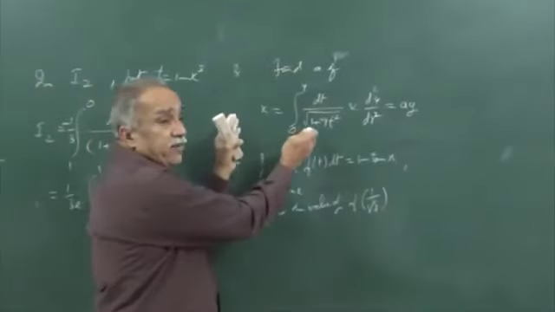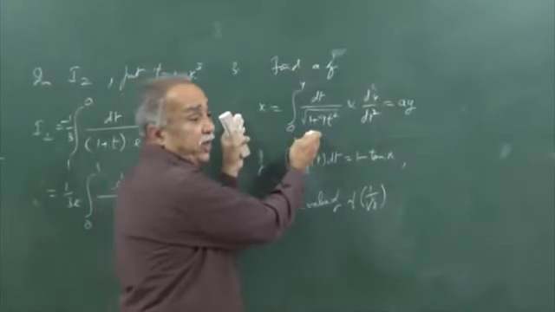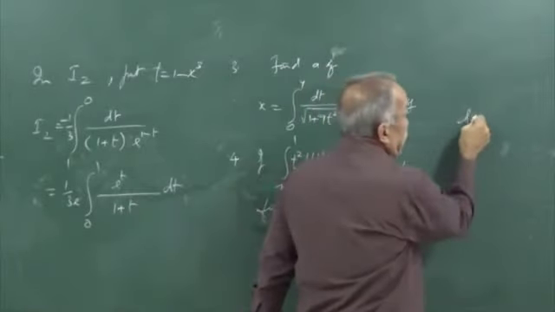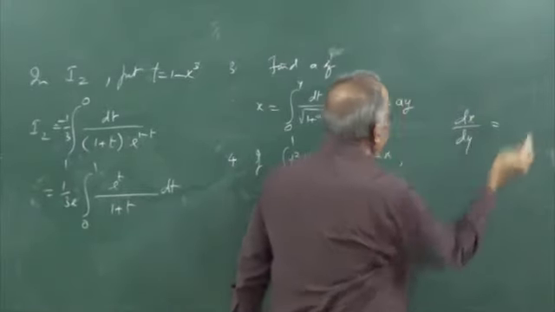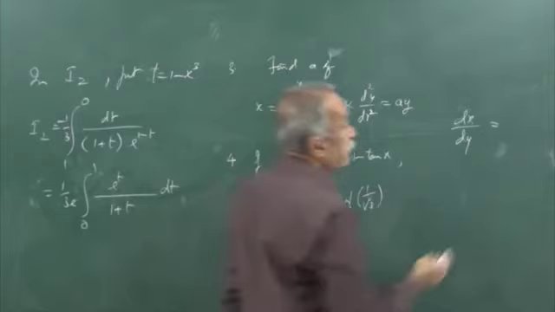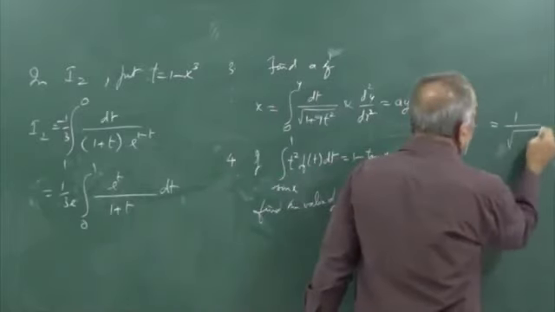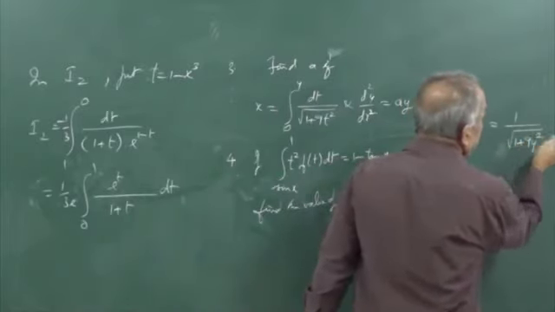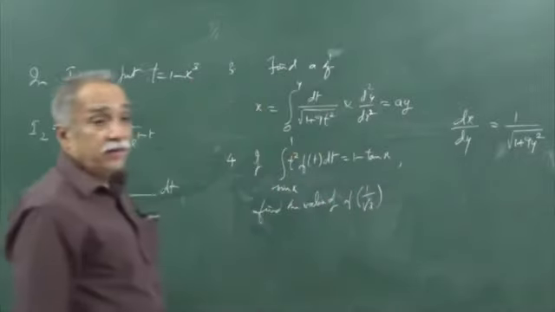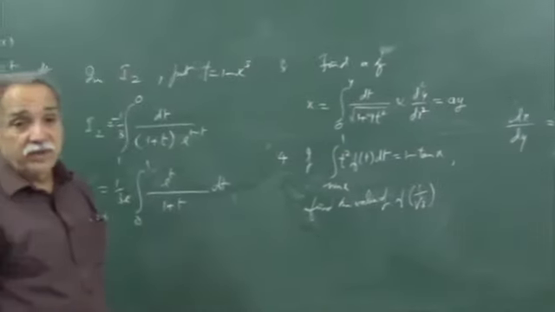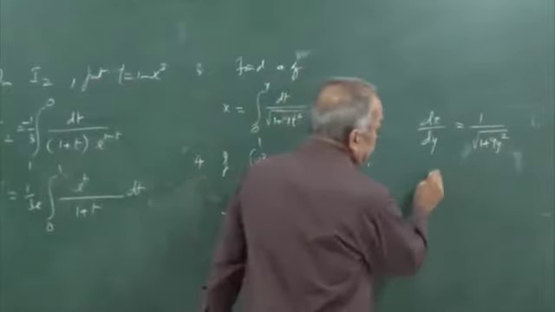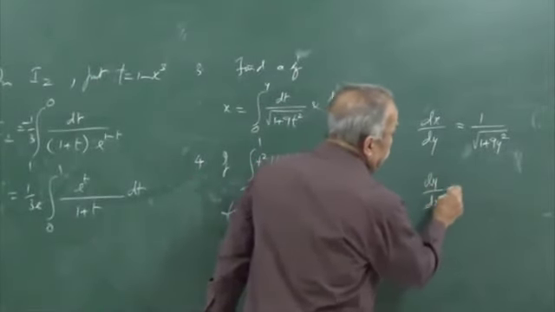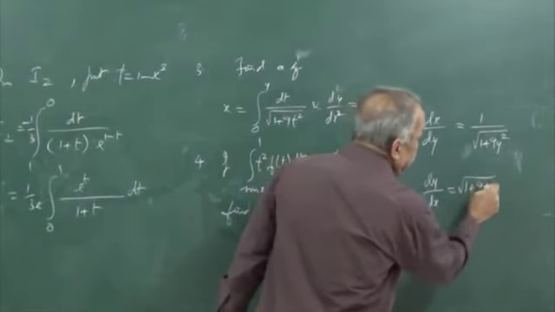First, simply differentiate the two sides with respect to y. You will be getting dx by dy as 1 by root of 1 plus 9y square. Agreeable? Yes. This simply means dy by dx is root 1 plus 9y square.